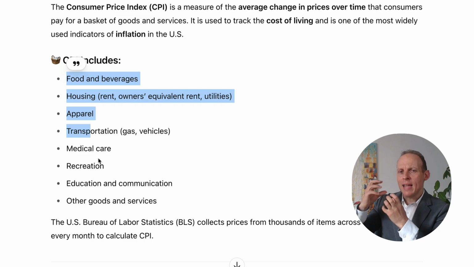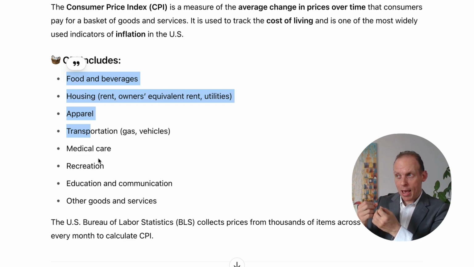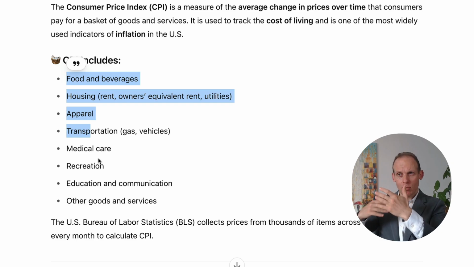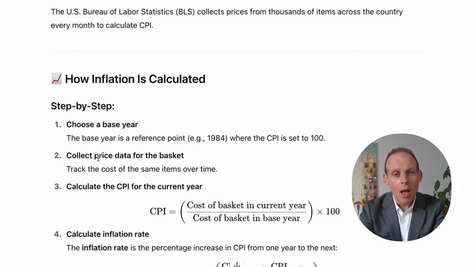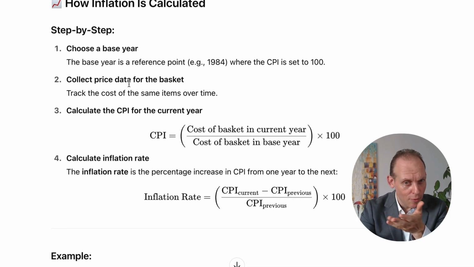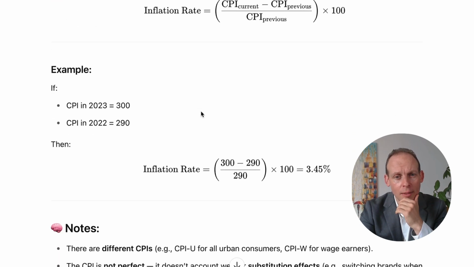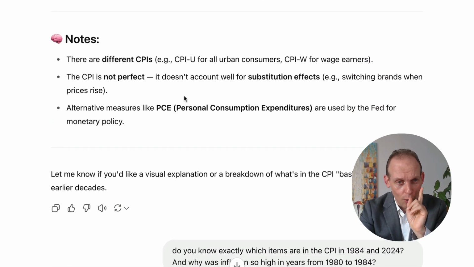It's like a weighted average of all those things. And the government measures how much the price went up, depending on how much demand there was for some things. It's a weighted average. And here's the formula if you want to know how it's calculated. But what we really want to know is right here.